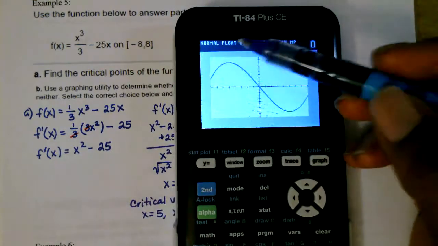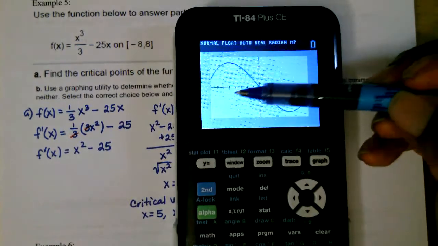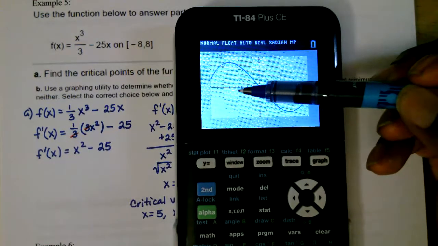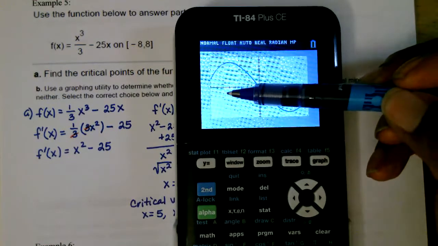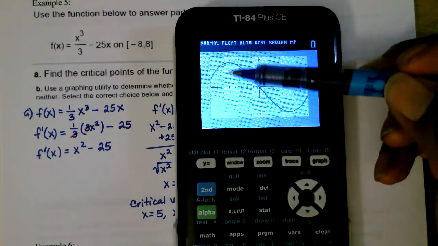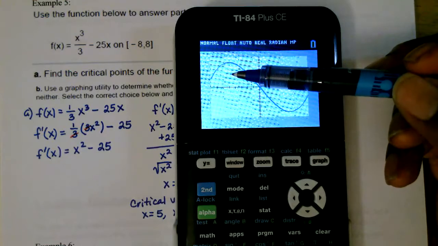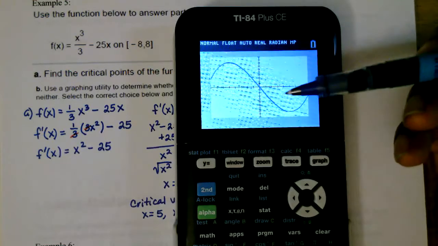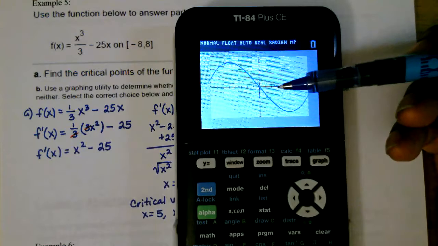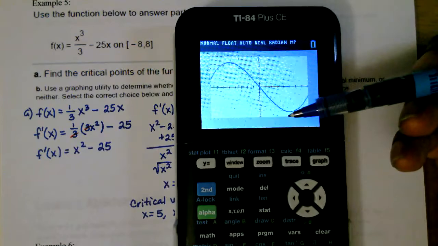And in this case here, I know -5 will have to be to the left. So this is -1, -2, -3, -4, -5. It's right here. That's going to be the highest point. At -5, that corresponds to a local maximum because that's the highest point there on that interval from -8 to 8. Where +5, here's 1, 2, 3, 4, 5, that has to be a point that's the lowest on the graph.